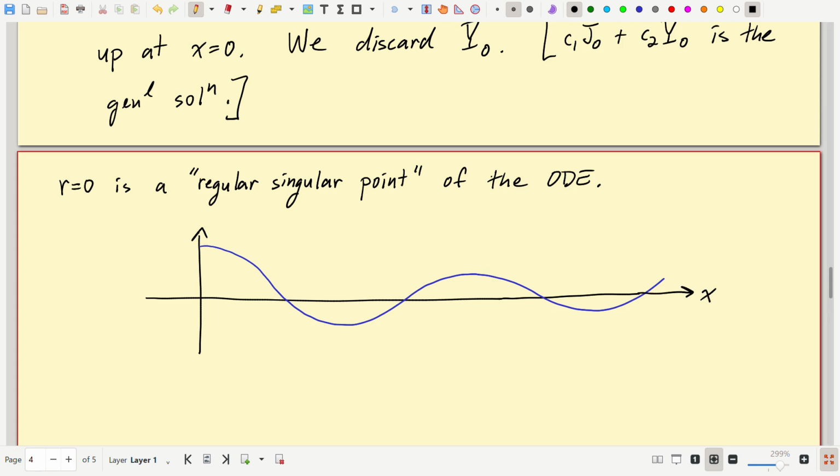And it has zeros. We call these lambda 1, lambda 2, lambda 3. And it decays, and those lambdas aren't regularly spaced. Eventually they get asymptotically regularly spaced. That's kind of interesting.